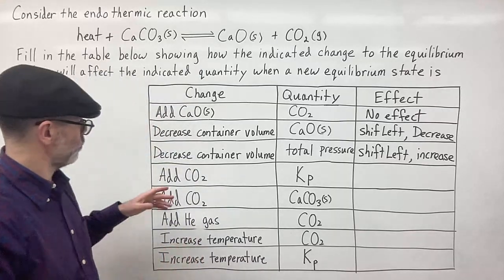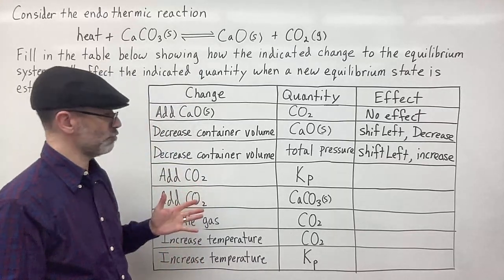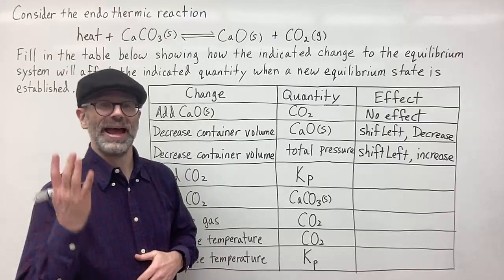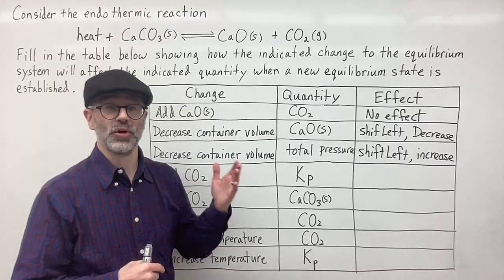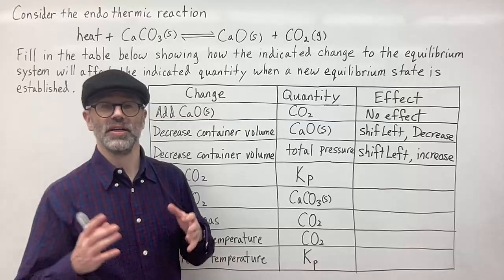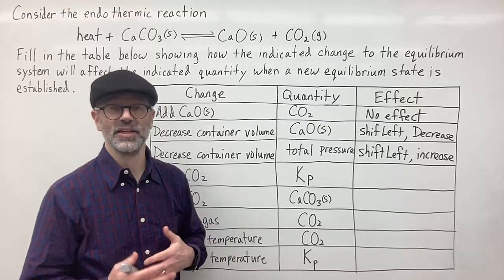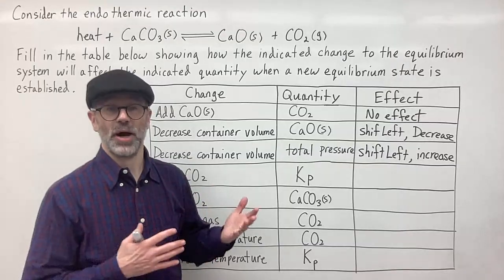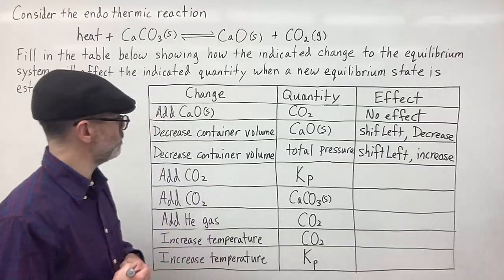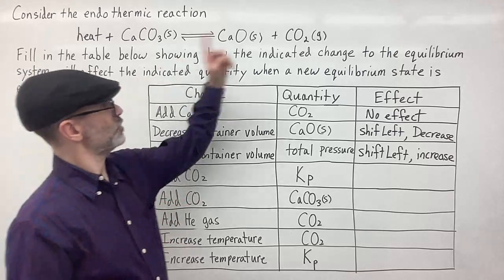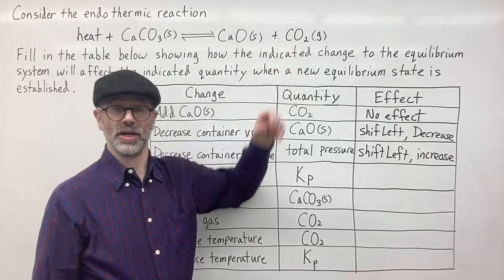All right, so next we have adding CO2. So again, according to Le Chatelier's principle, if you add a product or a reactant, the equilibrium is going to shift in order to get rid of whatever you added, product or reactant. So here we're adding CO2. CO2 is a product.